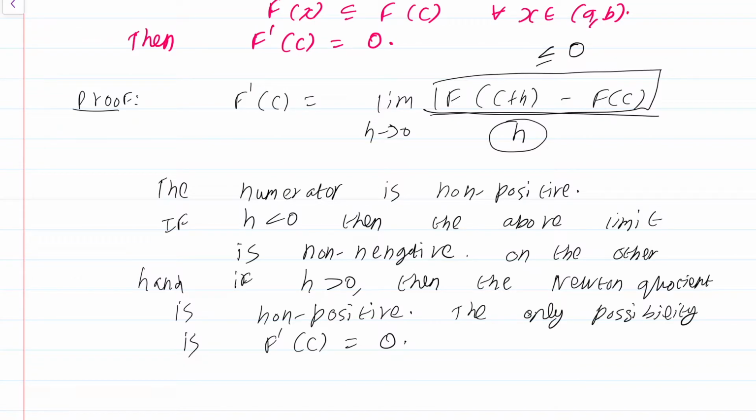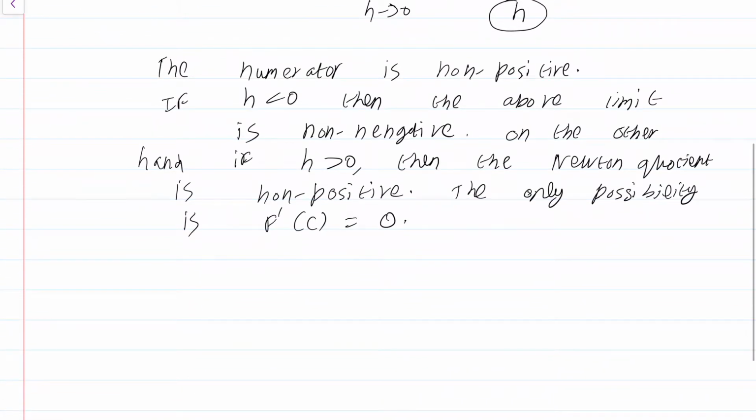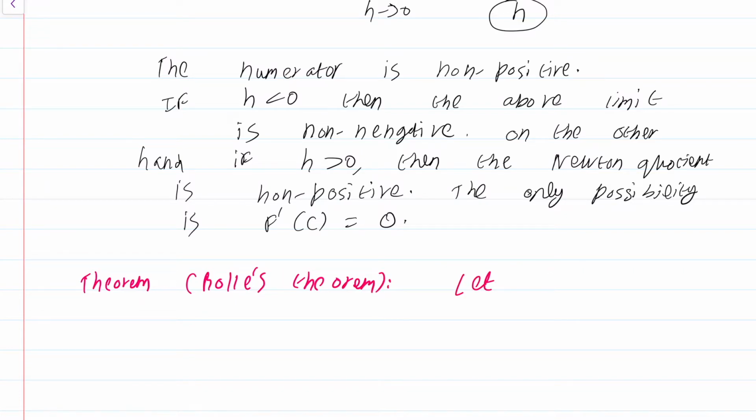We immediately get a nice consequence of this, which you might have heard is called Rolle's theorem. It says the following: let (a, b) be an interval in R, a less than b.